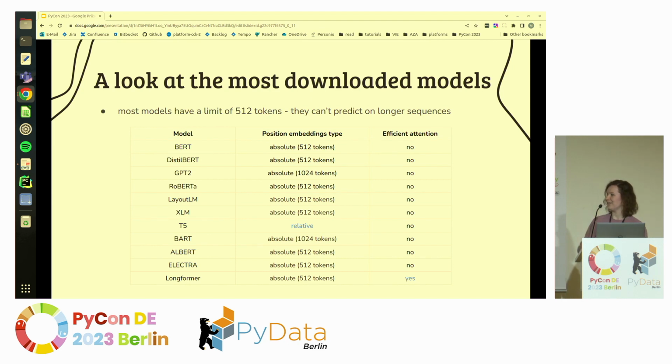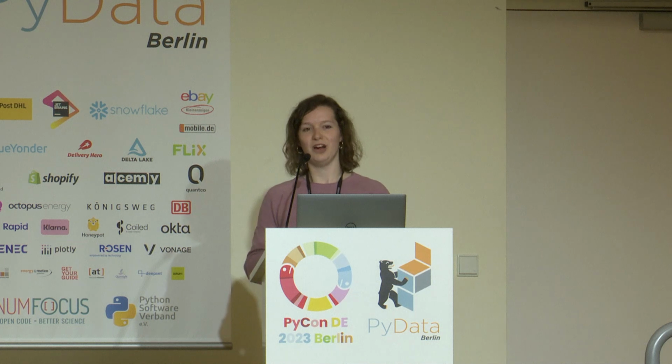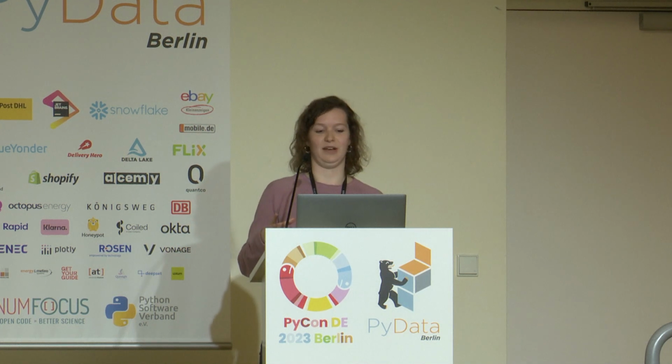Funnily enough, I want to highlight the entry for LayoutLM here. LayoutLM is a transformer that was designed for working on documents. So it was designed for use cases like mine, and it still has this 512 token limit. For me, this slide also shows the big problem of this pre-training and fine-tuning paradigm.